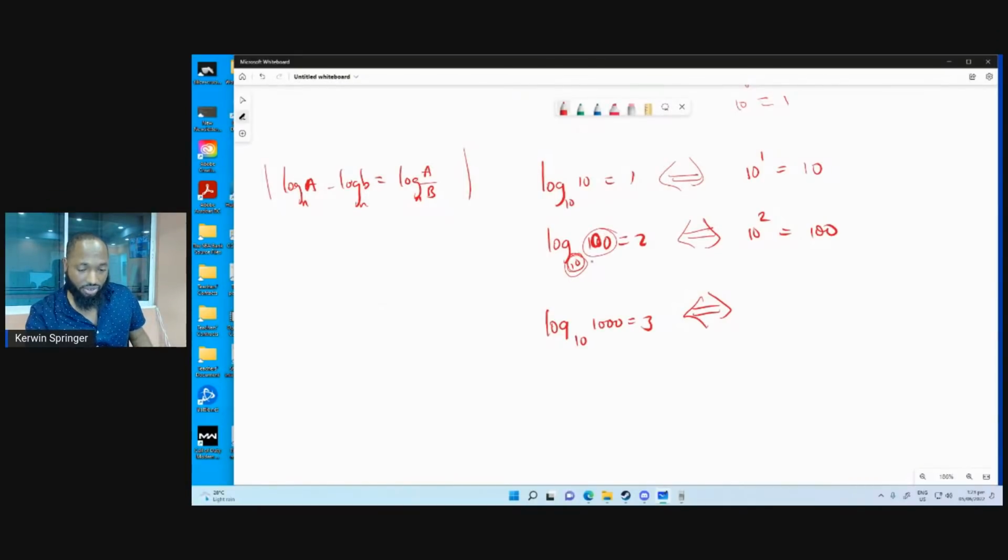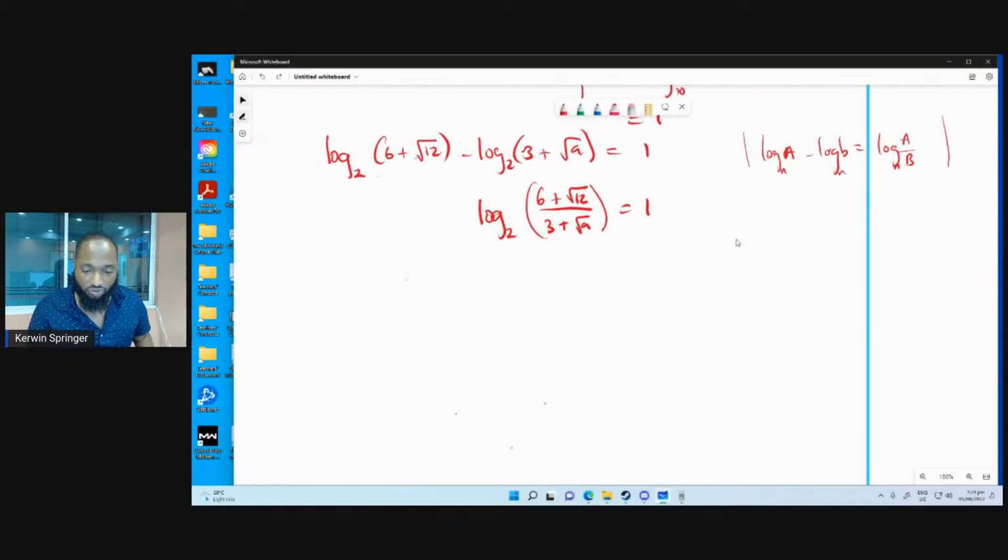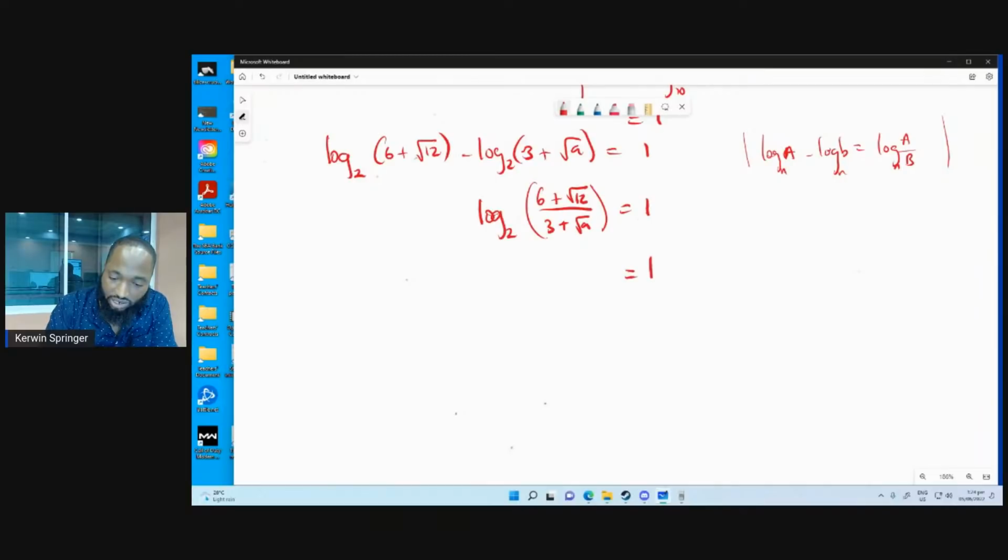You understand? How many times do I need to multiply 10 by itself to get 100? So if I put log to the base 4 of 16, how many times do I need to multiply? The answer is 2. That making sense? All right. So in other words, I could always rewrite 1 as log to the base 2 of 2 as well.